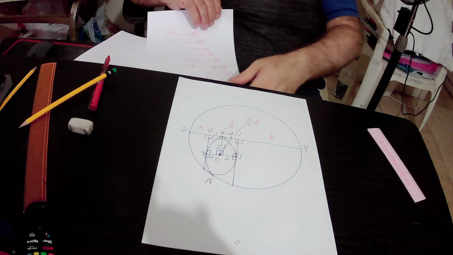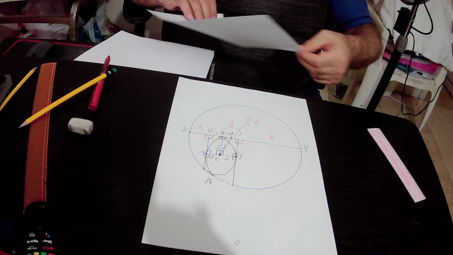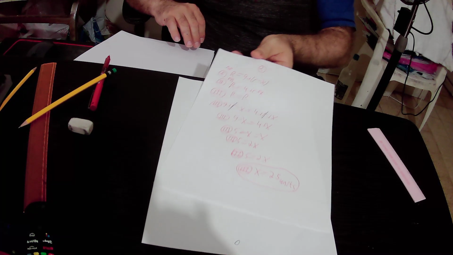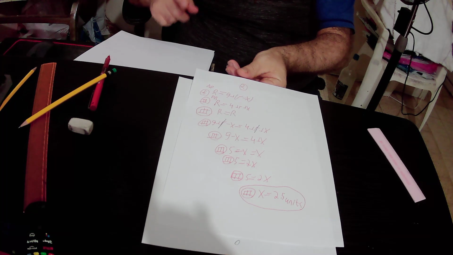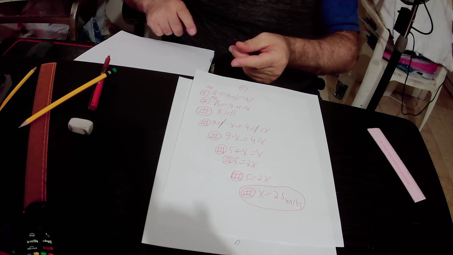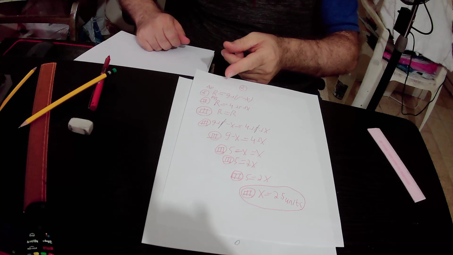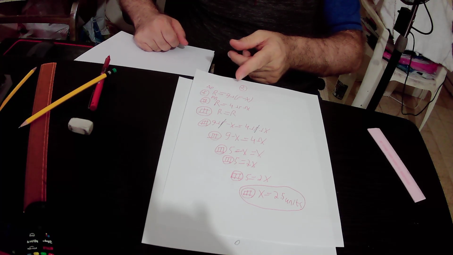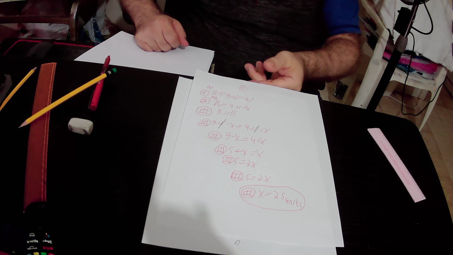So the radius of the circle, as we calculated it in the right side of the circle, equals 9 plus r minus x.